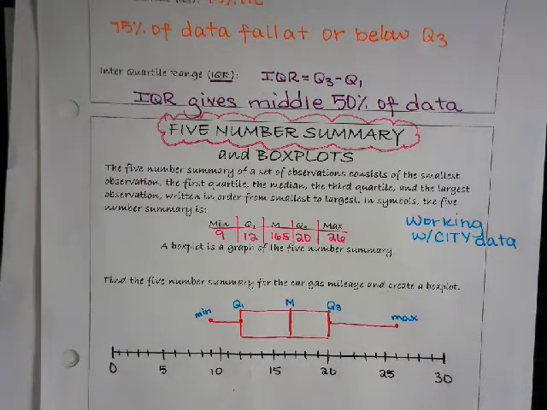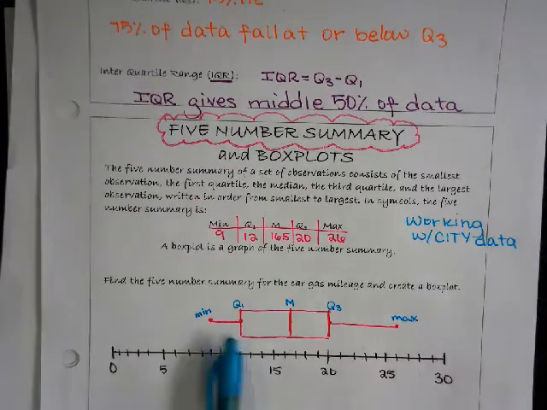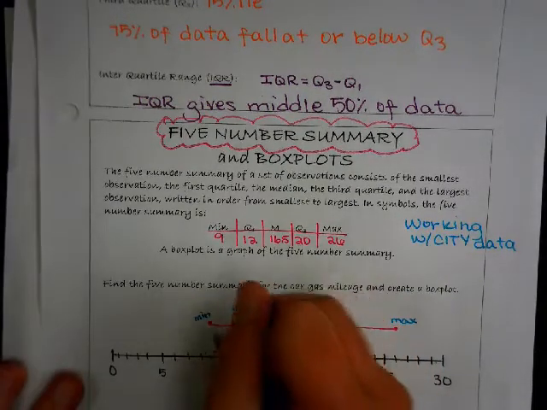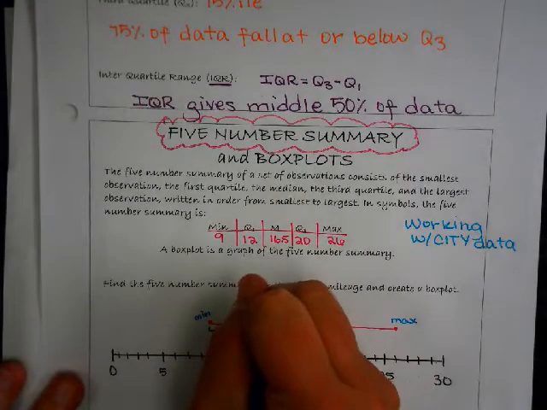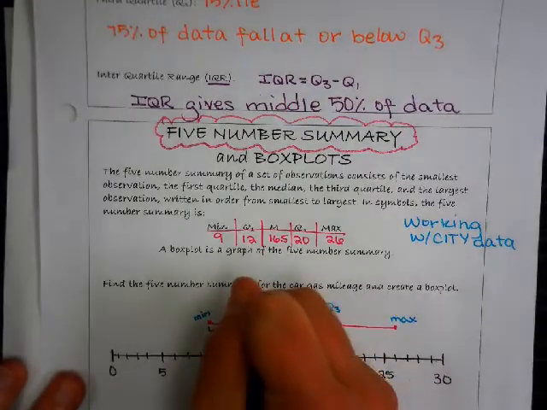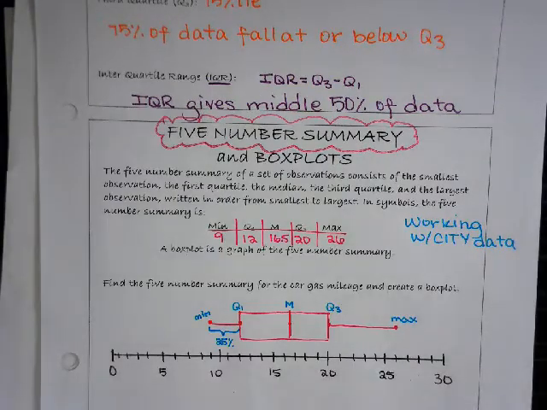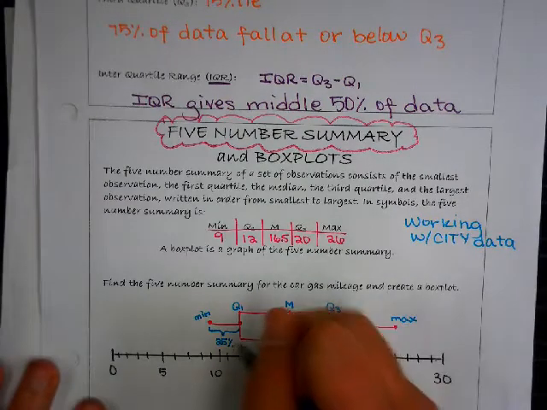From Q1 to the median is what percent of our data? 25%. From the median to Q3 is what percent of our data? 25%. From Q3 to the maximum? 25%.